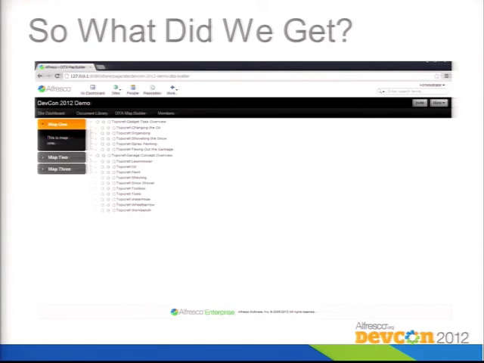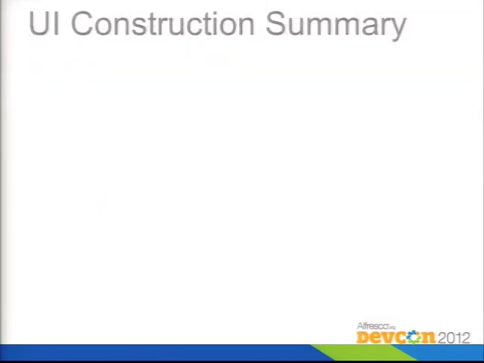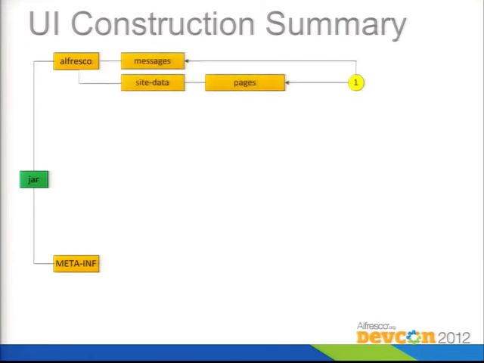So if you follow this stepwise process, you can get to where you want to go in a fairly rapid manner. To summarize that, you build a jar. There are 2 directories in the jar: an Alfresco branch and a META-INF branch. The first thing that I do is build a page reference.